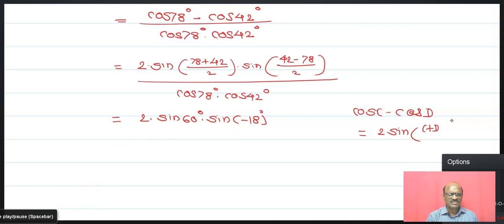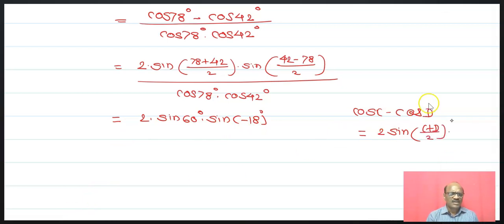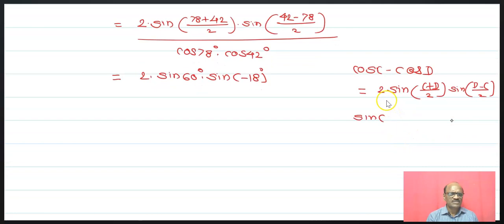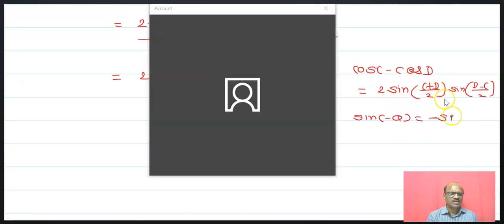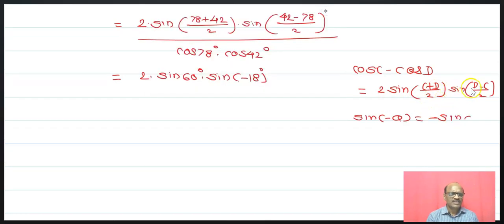On the right hand side, I had written the formula cos C minus cos D is equal to 2 times sine of (C plus D) upon 2 into sine of (D minus C) upon 2. Again, sine of minus theta is minus sine theta.